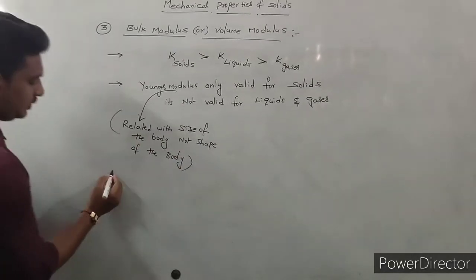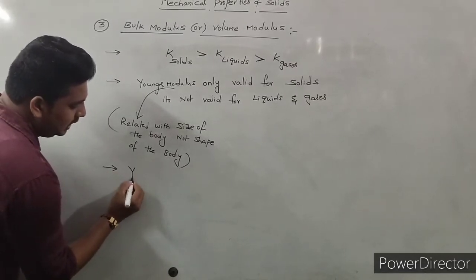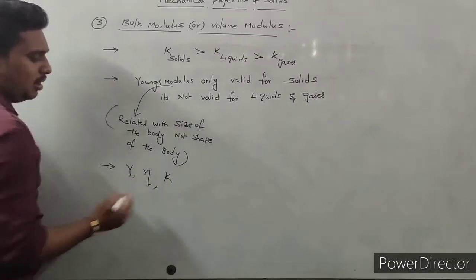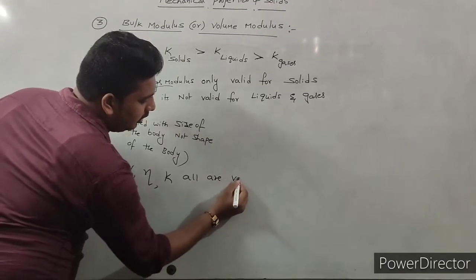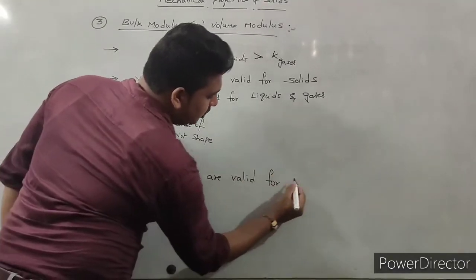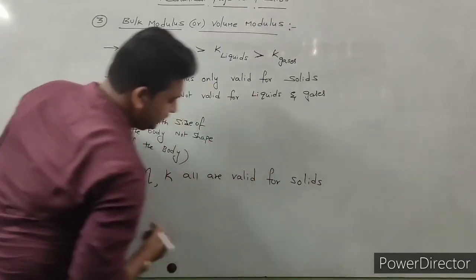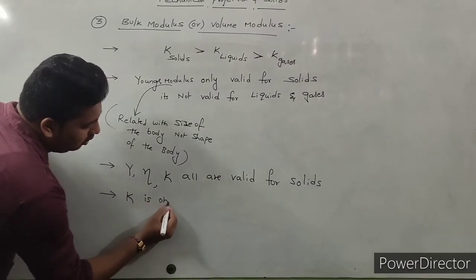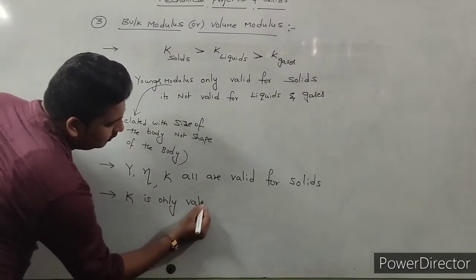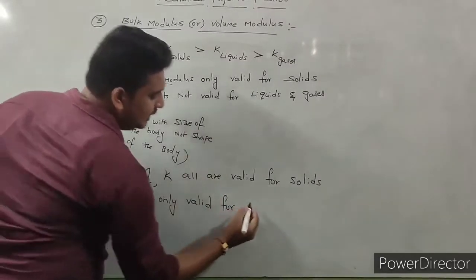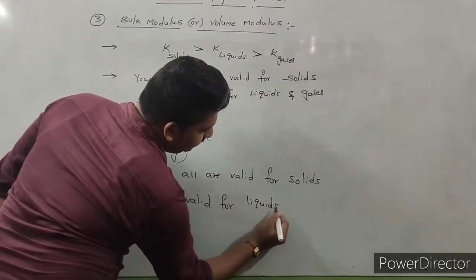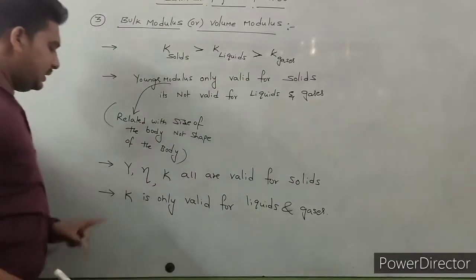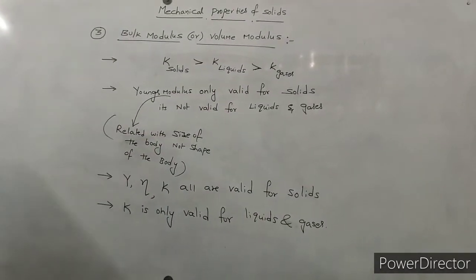Okay, next. Young's modulus, rigidity modulus eta, and bulk modulus K are all valid for solids. K is the only one valid for liquids and gases.